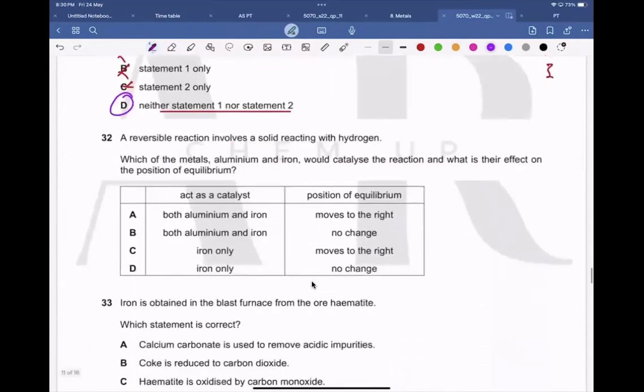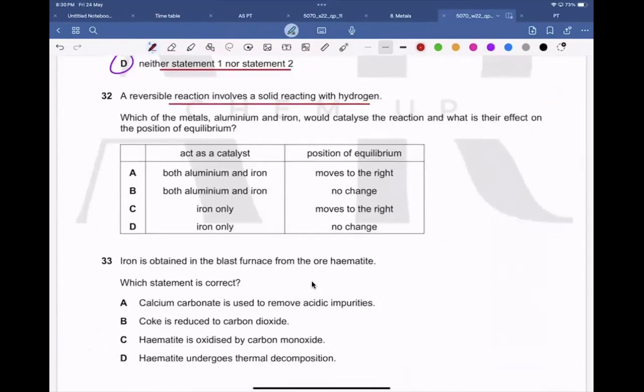Now question number 32. A reversible reaction involves a solid reacting with hydrogen. Which of the metals, aluminum and iron, would catalyze the reaction? What is their effect on the position of equilibrium? Okay.